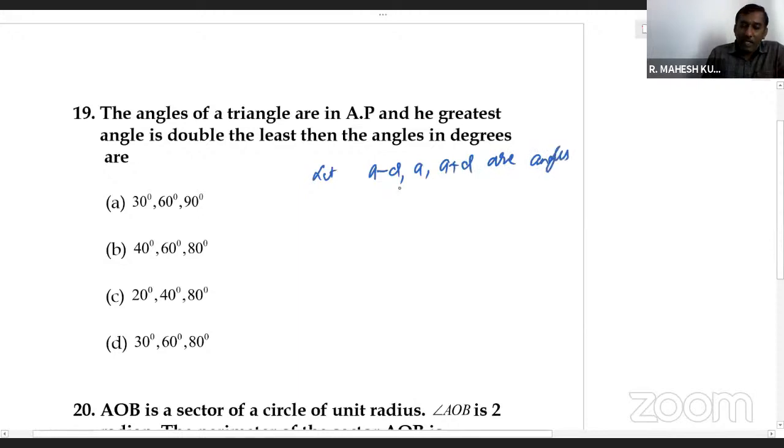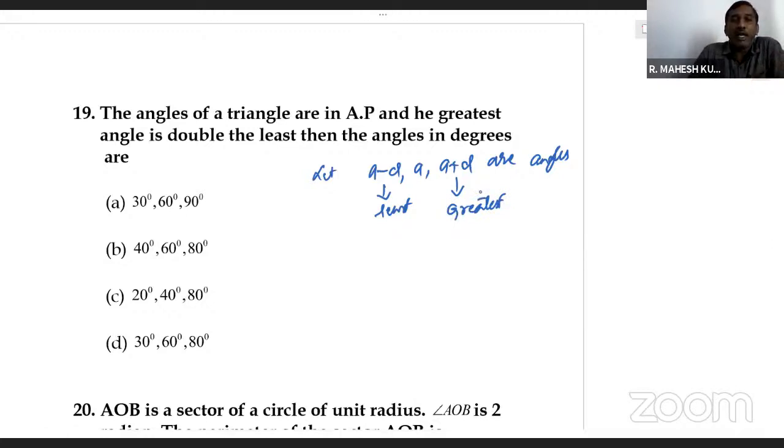Understood? Here a minus d is the least one, the smallest. a plus d is going to be the greatest. Understood? So now what is given here? The greatest is double the least. We will use that afterwards. But before that we will use the sum of angles.